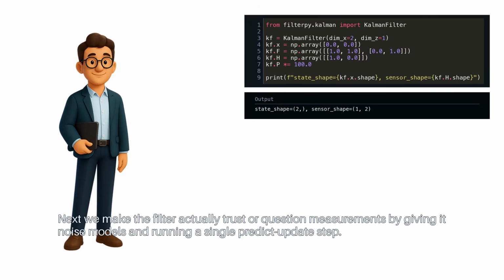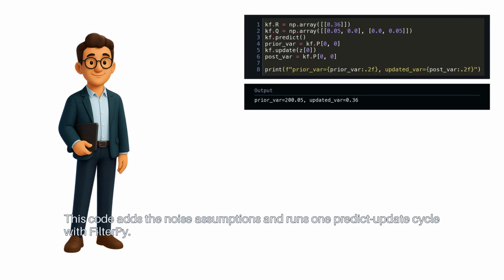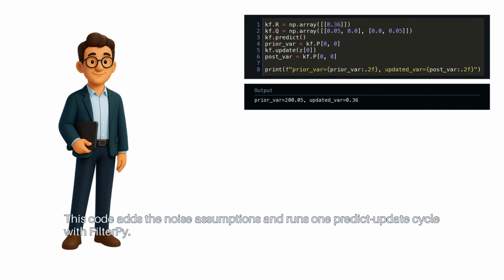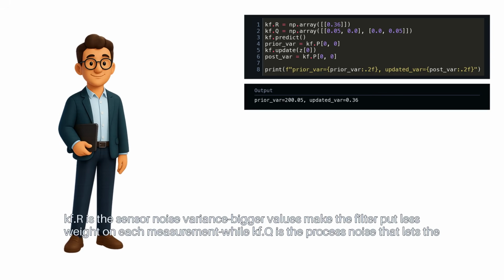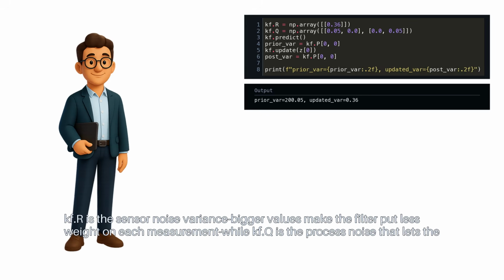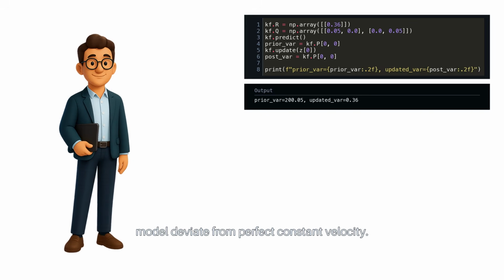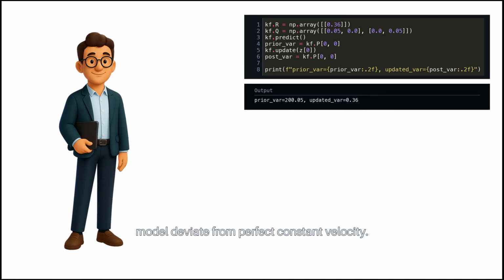Next, we make the filter actually trust or question measurements by giving it noise models and running a single predict update step. This code adds the noise assumptions and runs one predict update cycle with FilterPy. kf.R is the sensor noise variance. Bigger values make the filter put less weight on each measurement, while kf.Q is the process noise that lets the model deviate from perfect constant velocity.